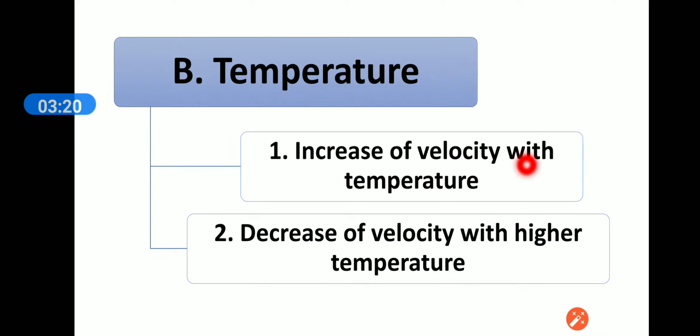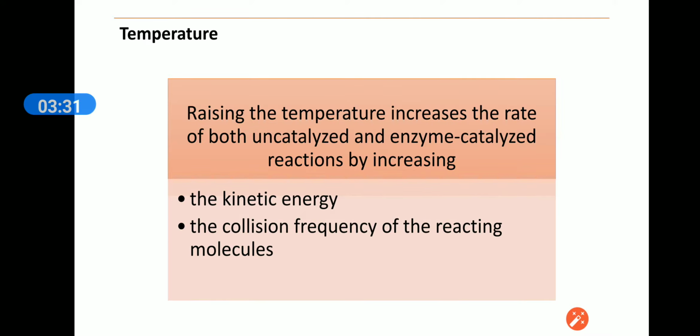First, increase of velocity with temperature. Second, decrease of velocity with higher temperature. Raising the temperature increases the rate of both uncatalyzed and enzyme catalyzed reactions by increasing the kinetic energy and the collision frequency of reacting molecules.